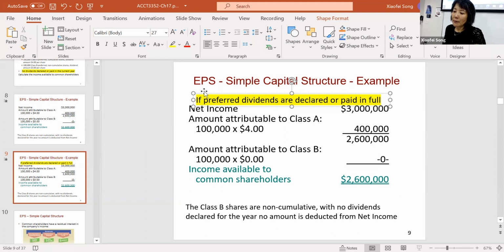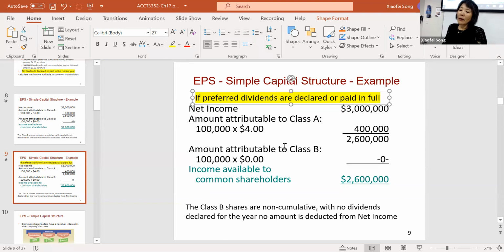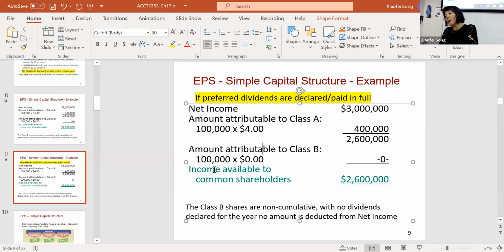We change the assumption. If preferred dividends are declared and paid in full for the current year, then our calculation will be different.